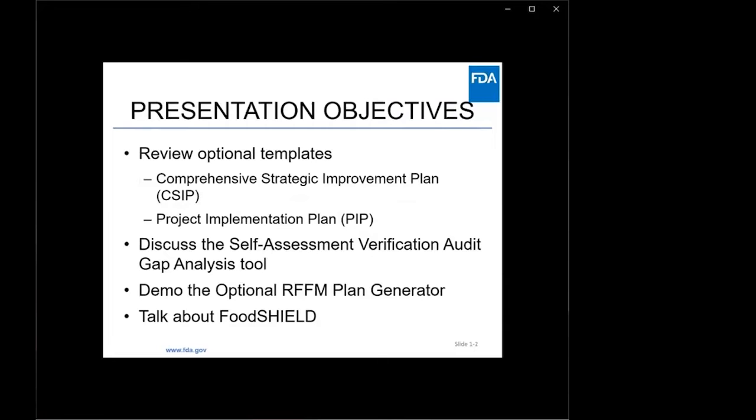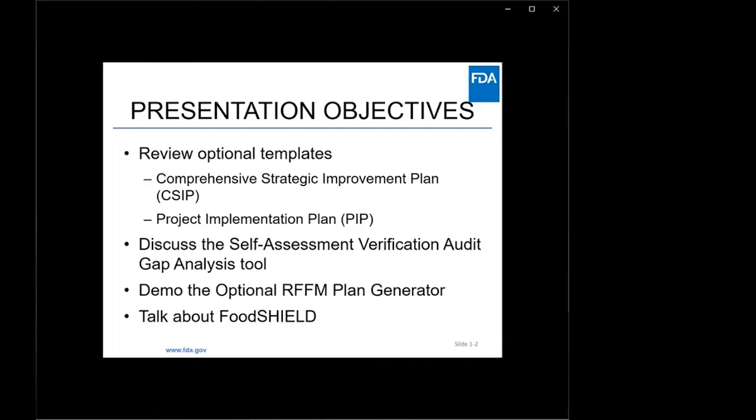So some of the things I'll be going over in our session today. The first thing I'm going to show you are the optional templates, which you've already seen in action during sessions 1 and 2 of the workshop. Then I'm going to move on to cover the self-assessment verification audit gap analysis tool, or the SAVA tool, which is located on our program standards page.